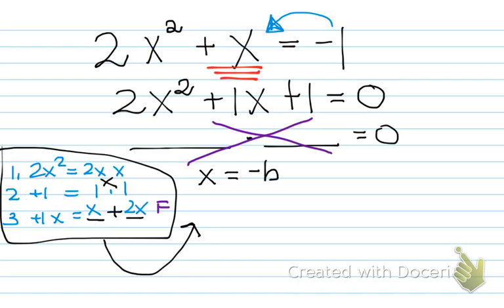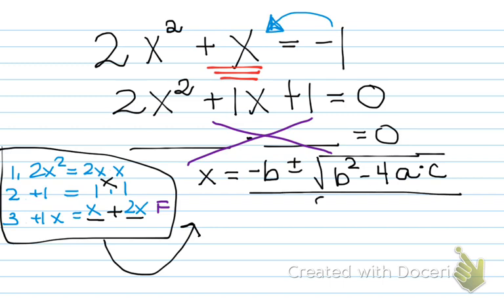Negative b, which is simply the second number, plus or minus the square root of b squared minus 4 times the first number, a, times the last number, c. And then we divide the whole thing by 2 times the first number, a.